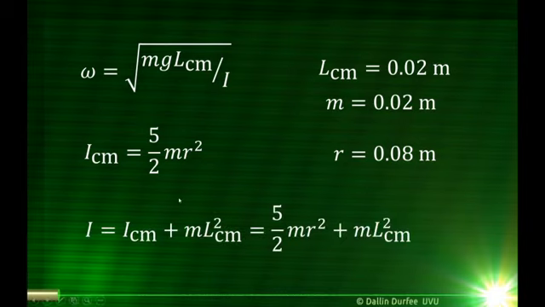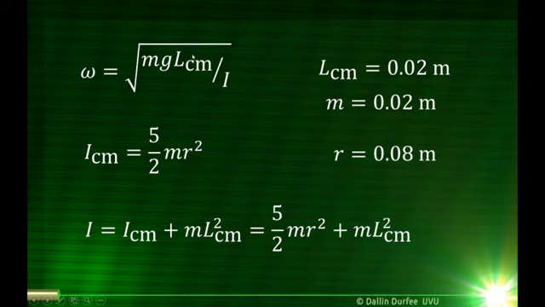So the I, moment of inertia about the pivot, is just the center of mass moment of inertia plus m times the distance from the pivot to the center of mass squared. The center of mass moment of inertia is just 2/5 m r squared. And then we have m, and then the distance to the pivot from the center of mass is L center of mass. So there's our I.